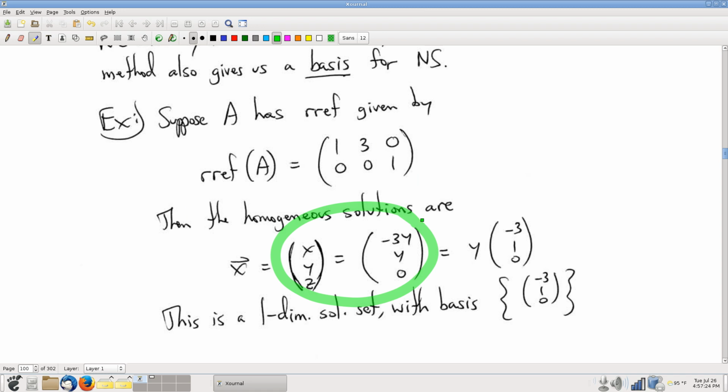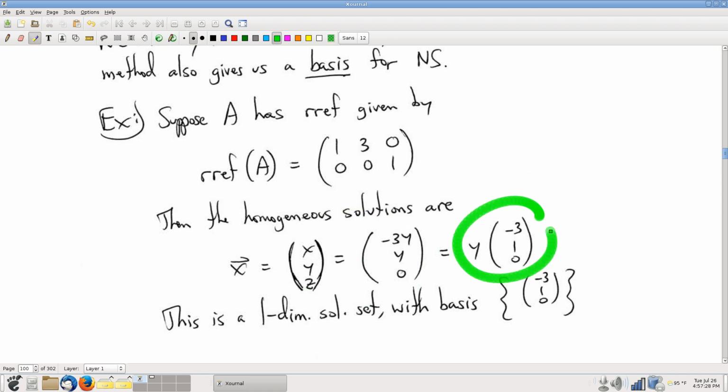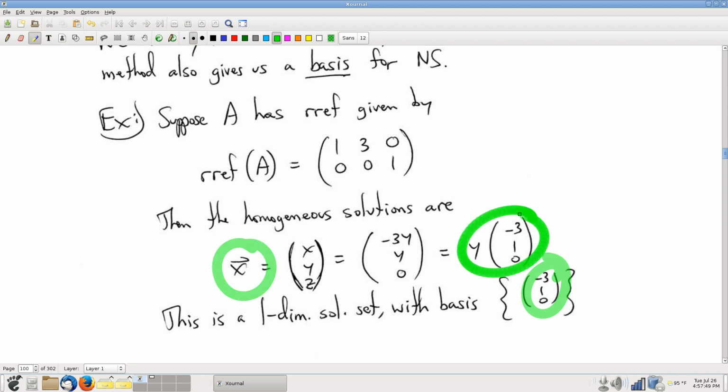The observation I'll make here is that you can factor out the y, turn that into this, and we realize that every homogeneous solution is a scalar multiple of that one vector. Said differently, this one vector is a basis for our null space, because every vector in the null space is in the span, is a linear combination of, which in the case of one vector just means a scalar multiple of this one vector.